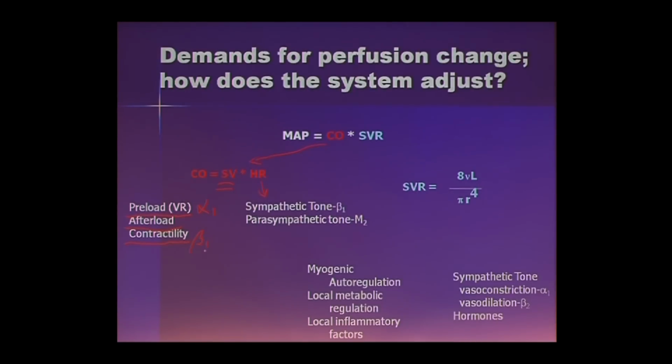And then contractility. Contractility is a term that describes the contractile strength of the heart, how strongly the heart contracts. And that is also regulated, if you remember last time when we talked about the heart, by the beta 1 adrenergic receptor. So these three things regulate stroke volume.